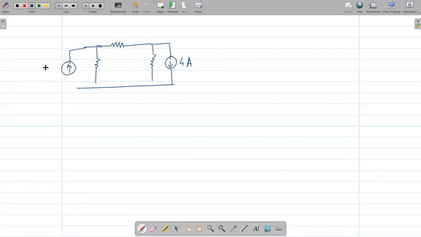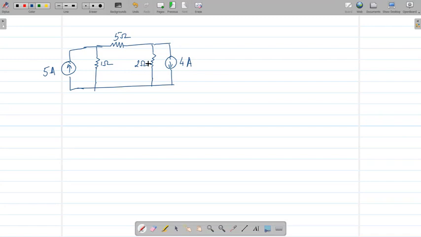Another current source of 5 amperes. And a bunch of resistors in between, which have values. Okay. Now the question is, can you find out all the nodal voltages and currents?